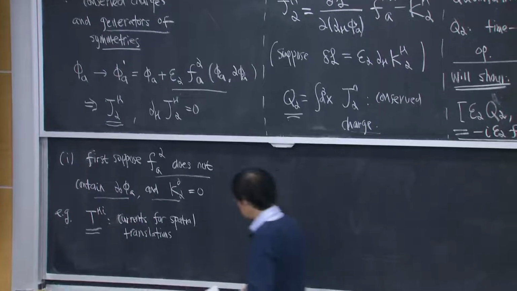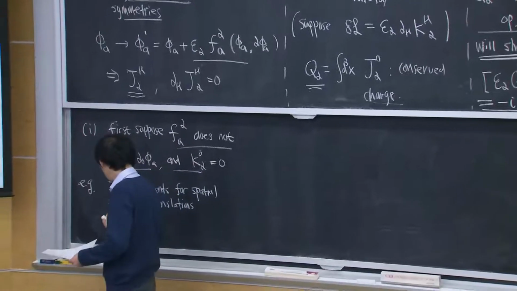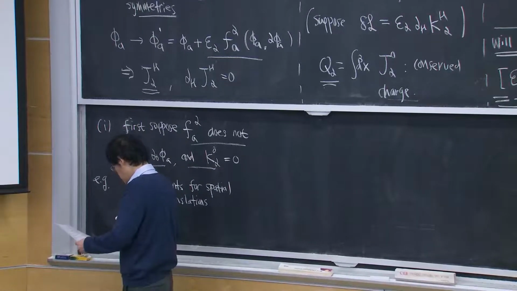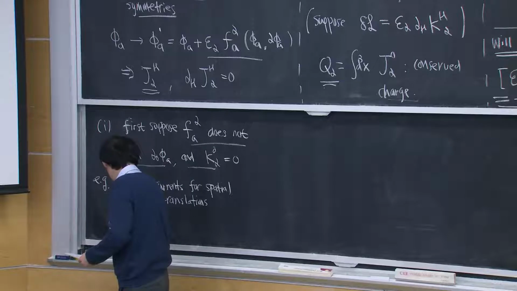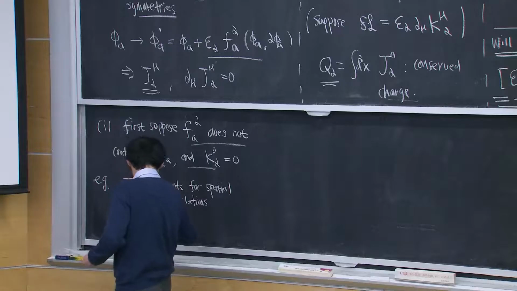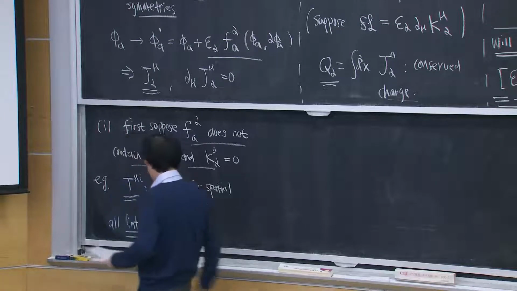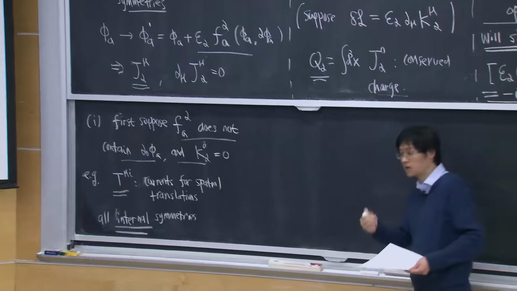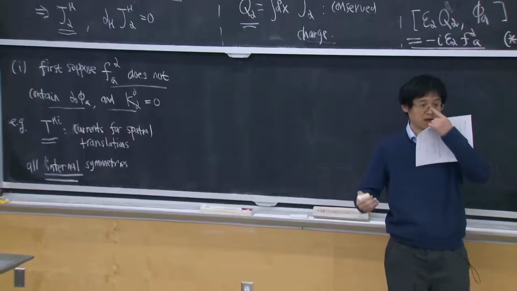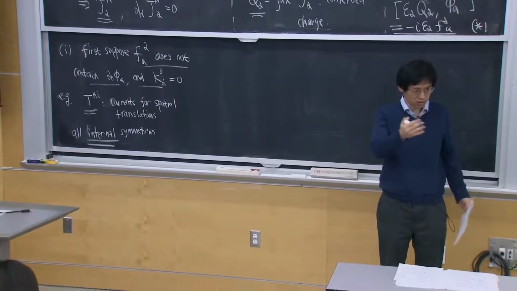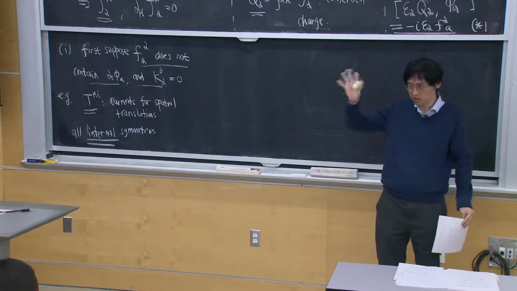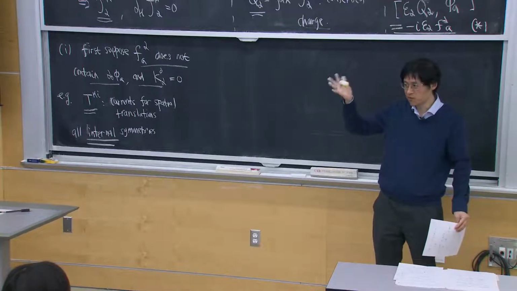Also, this applies to all internal symmetries. By internal symmetries, we mean the transformations don't involve space-time coordinates. For example, in your PSAT you did the complex scalar field, which you can just rotate by a phase.